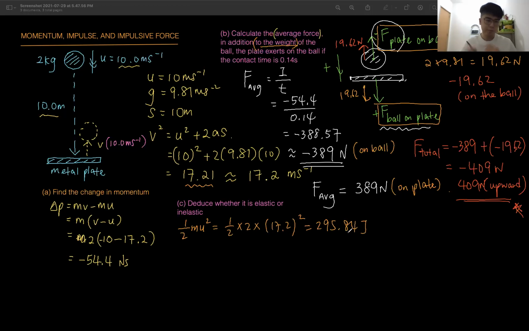That's 295.84 joule. And the final kinetic energy is half times 2 times 10 squared. That's 100 joule. Is it the same? No, not the same. So energy is lost.